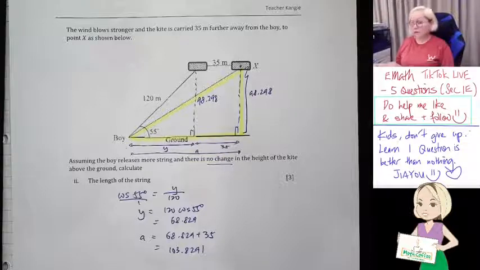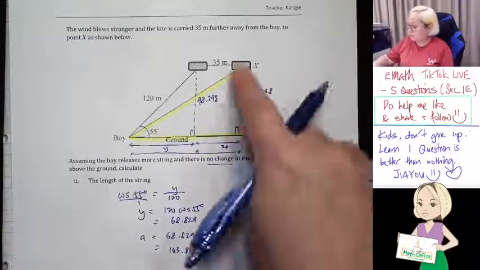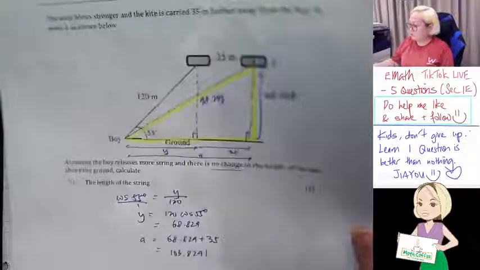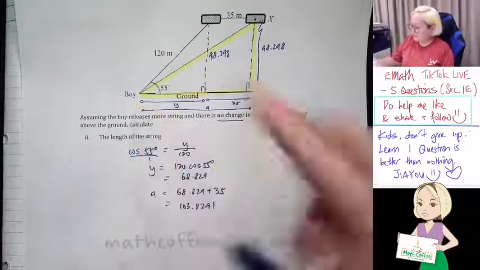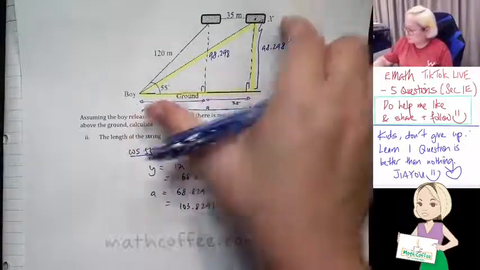Okay, so now, look at the yellow one, I'm going to use the Pythagoras theorem to find my A. Sorry, not A, this one.